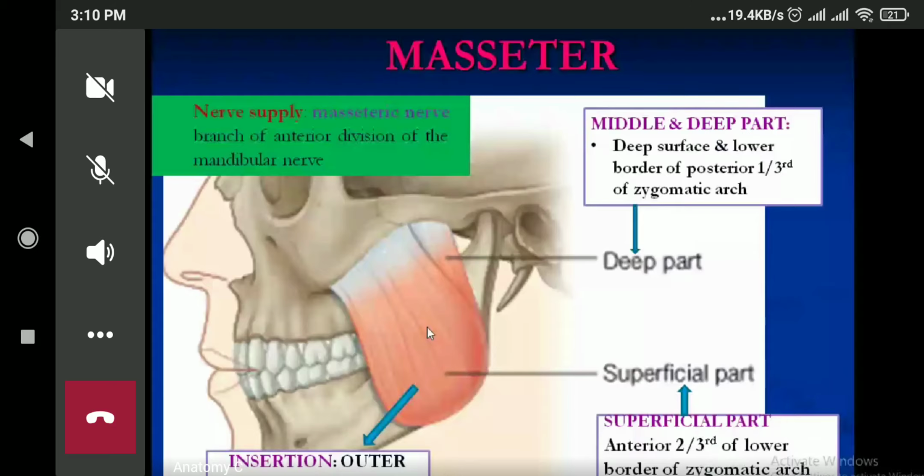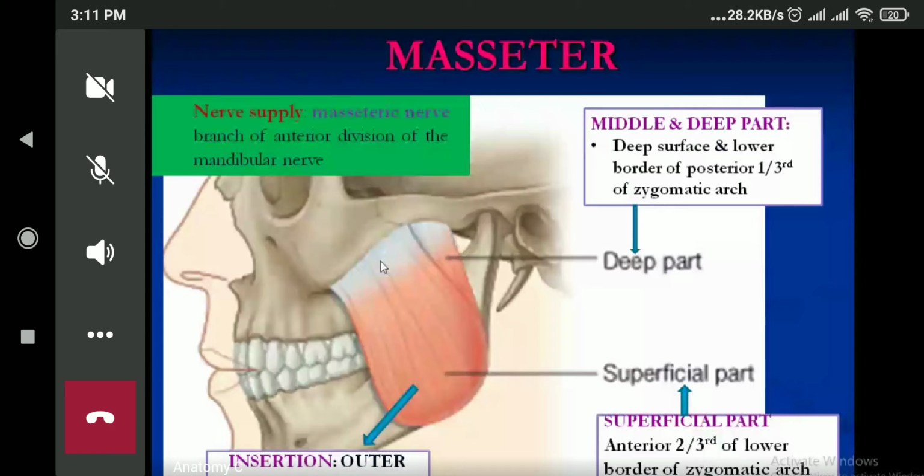Now next is the action. Now see, this is the origin. This one is the insertion. When the muscle acts from insertion toward the origin like this, what will happen to the temporomandibular joint, or what will happen to the mandible?